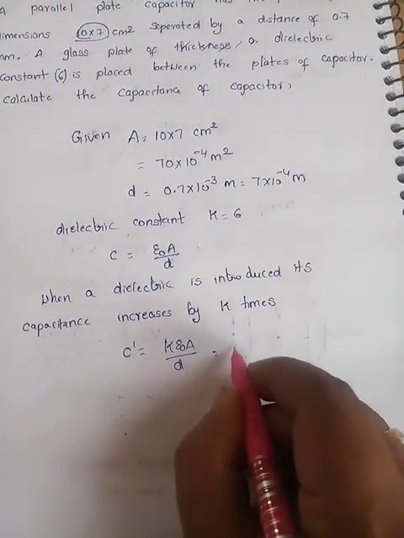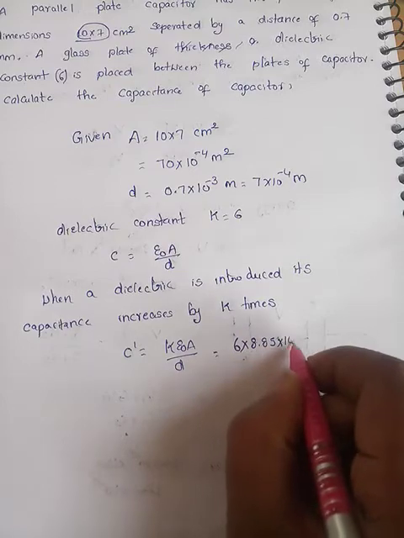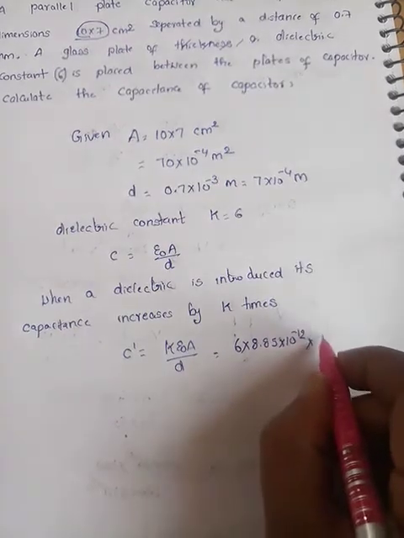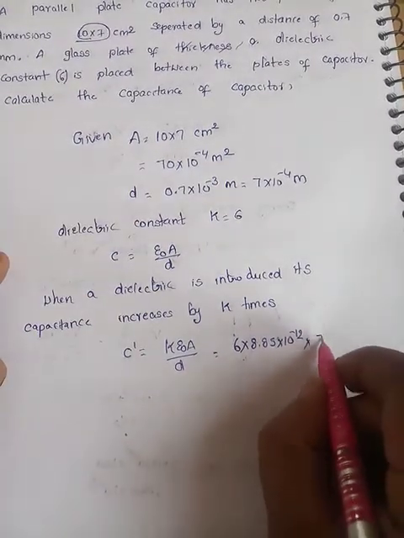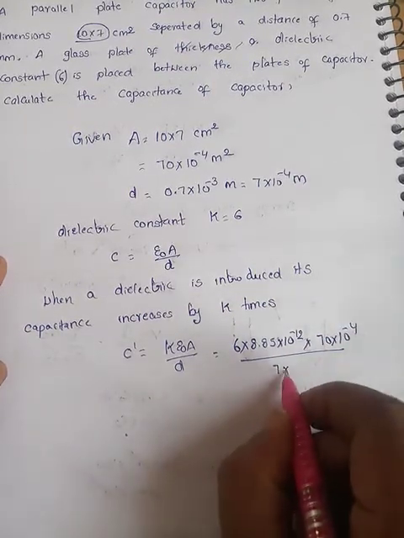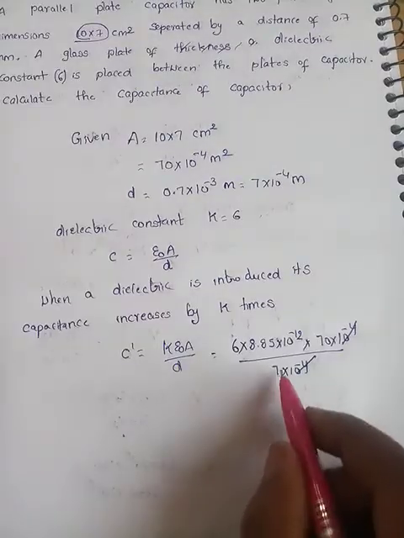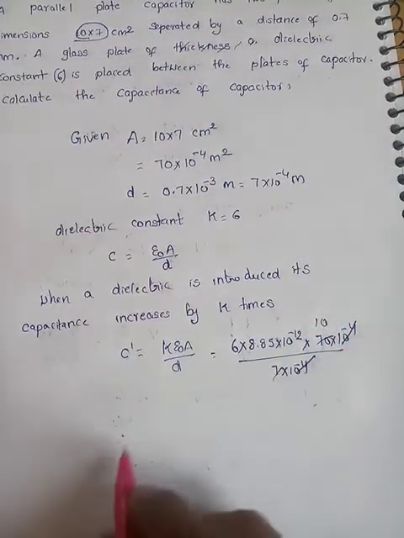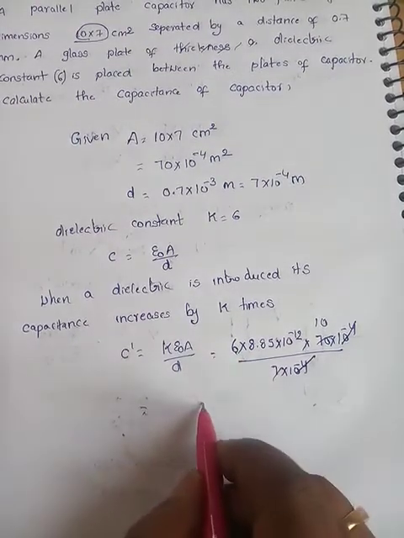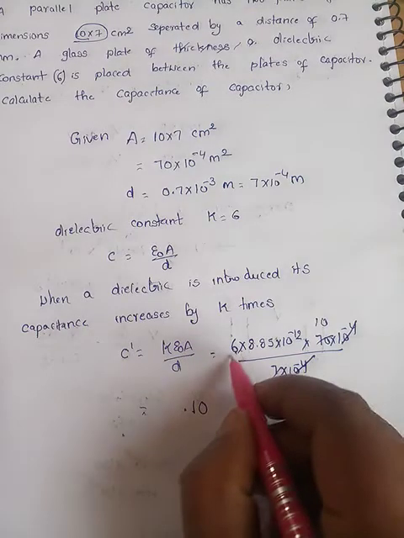What is K? 6 into epsilon naught, which is 8.85 into 10 raised to minus 12, into area, 70 into 10 raised to minus 4, divided by 7 into 10 raised to minus 4. The 10 raised to minus 4 cancel. 7 tens are 70. 6 5s are 30, 6 8s are 48 plus 3 is 51.